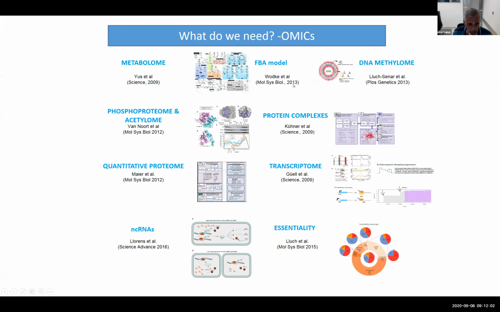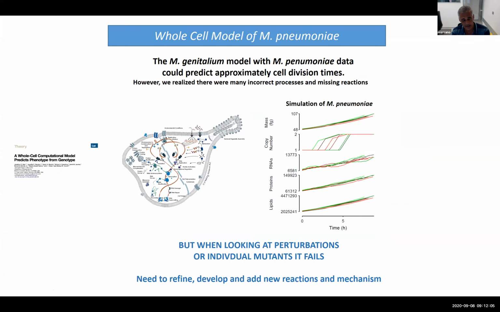Then in collaboration with the group of Jonathan Karr, we made a whole cell model inspired by the one of Mycoplasma genitalium published by Jonathan and Markus. And the model worked very well, as the one of genitalium, in predicting the cell division rate, and it has been useful. But unfortunately, when we try to apply it to predict the effect of single mutants, overexpressions, perturbations, etc., it does not work well.